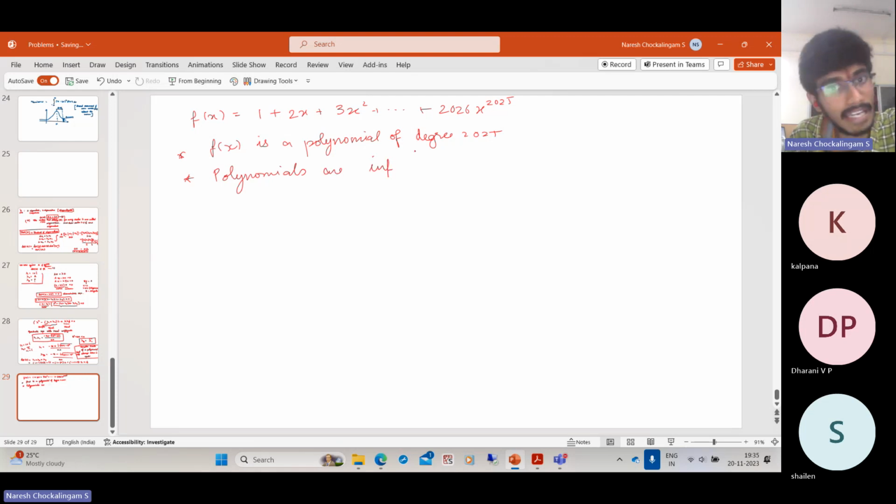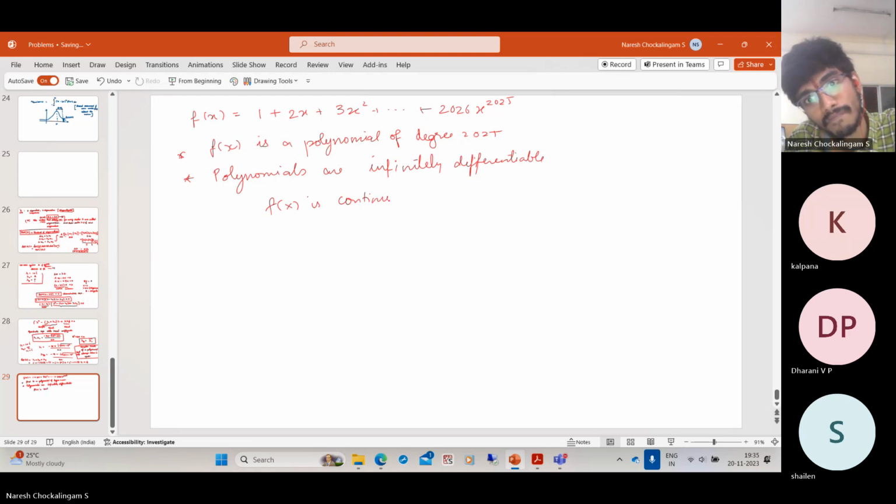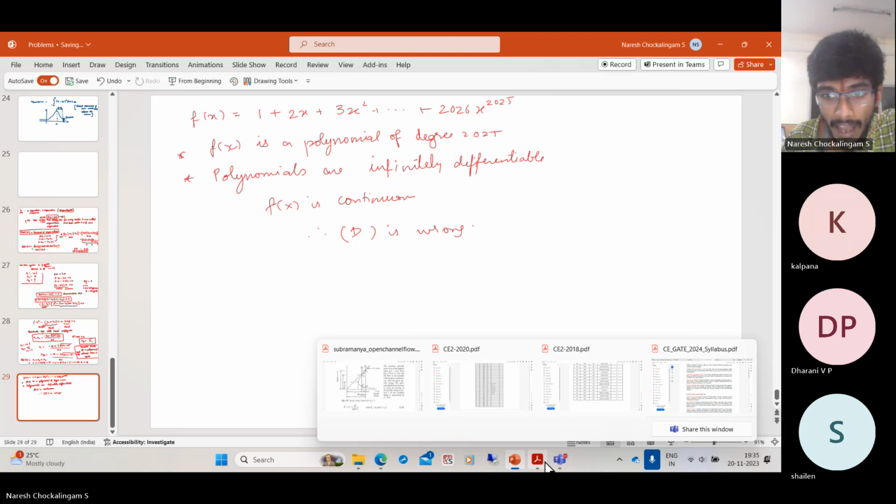You can differentiate them any number of times. And if a function is differentiable, obviously it is continuous. So f of x is continuous. Therefore, option D is wrong. That is okay.